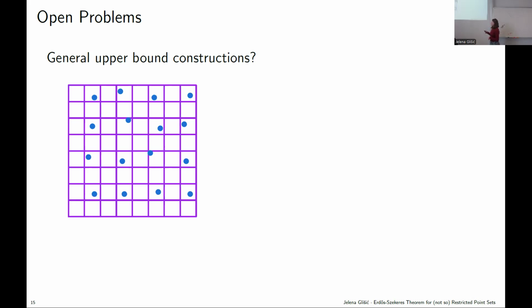It's dense because it's a grid. I already told you about the density of the grids. And it can be shown, not so prettily, but it can be shown that this construction does not have larger convex subsets. And there are also similar constructions which work in higher dimensions, but only for dense point sets.